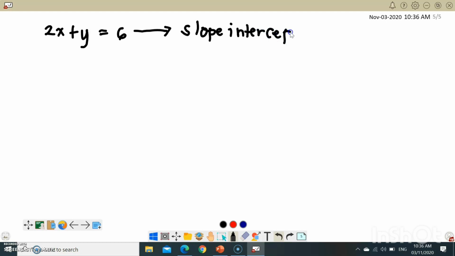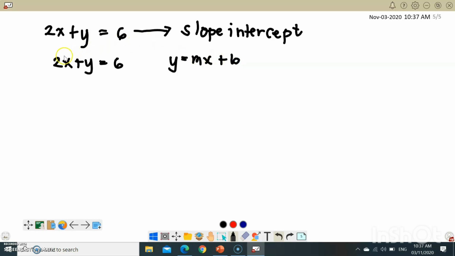Let's say we have here 2x + y = 6. Now let's change it into slope-intercept form. Okay, how are we going to do that? We need to follow the form y = mx + b.